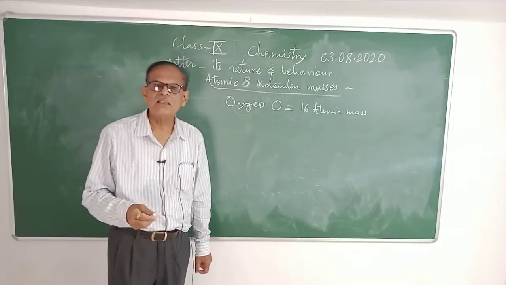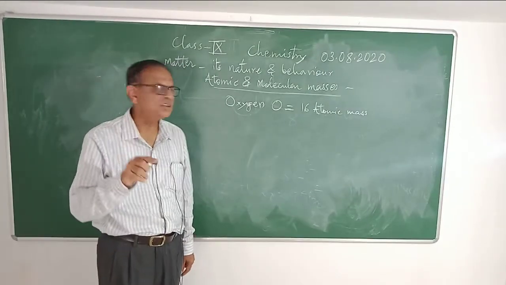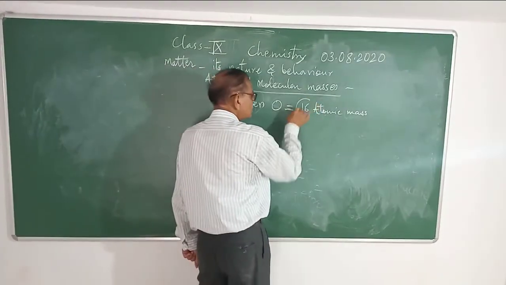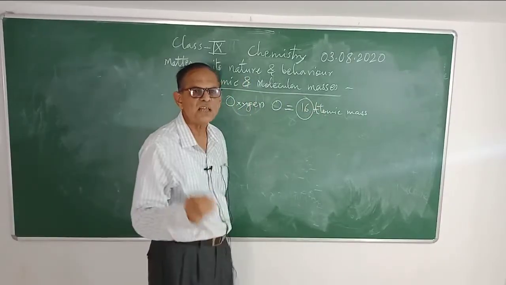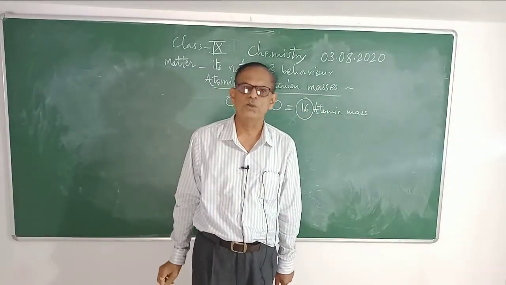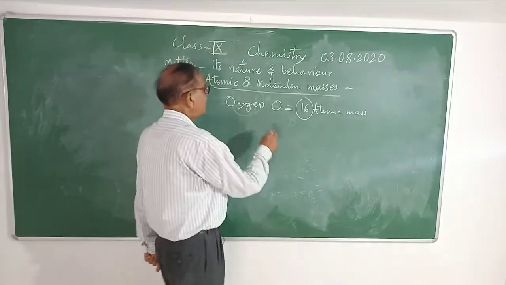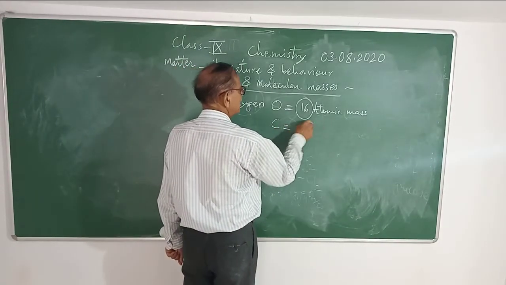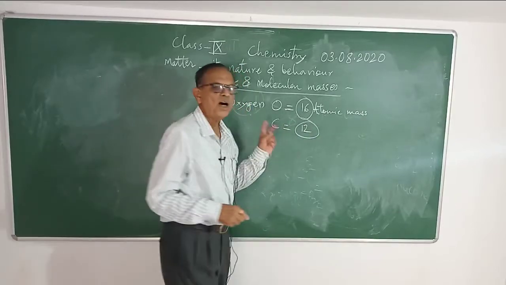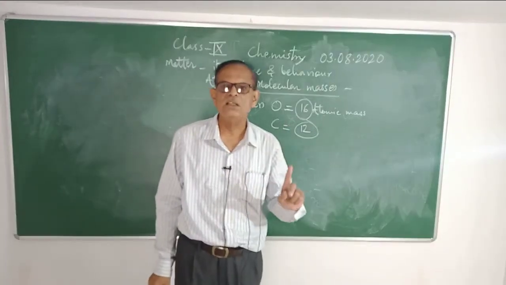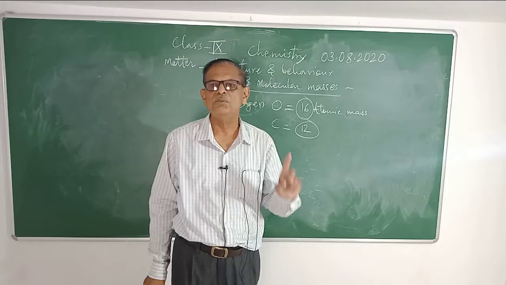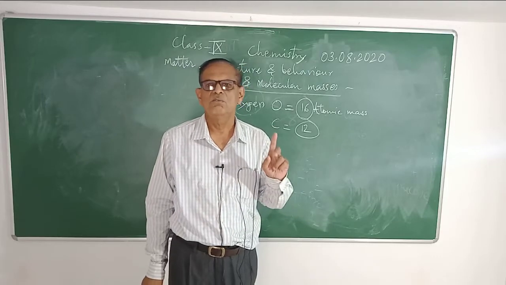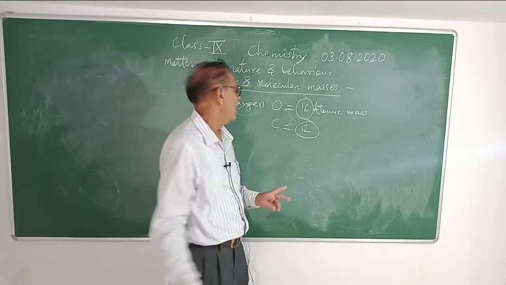This indicates that one atom of oxygen is 16 times heavier than one atom of hydrogen. When we say carbon, the atomic mass of carbon is 12. This indicates that one atom of carbon is 12 times heavier than one atom of hydrogen.